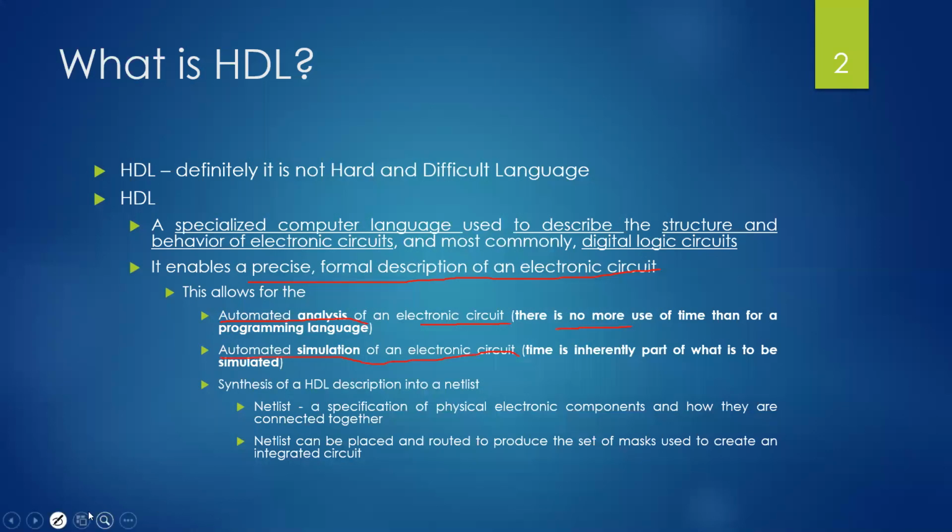Here, under analysis, when analysis is considered, there is no more use of time rather than for programming. What this statement specifies is that you are stressing more on the programming aspects.